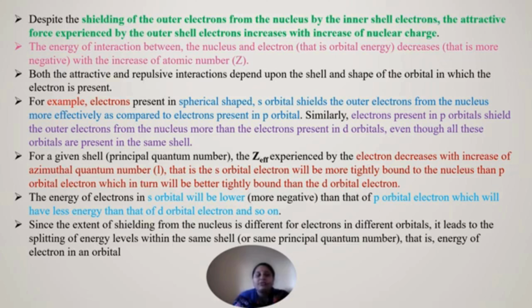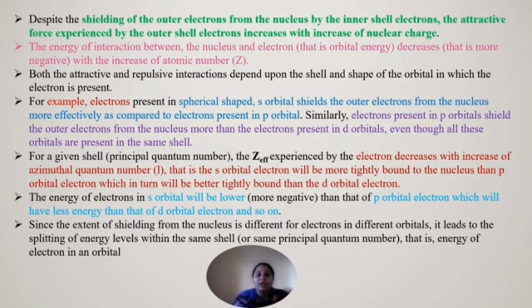The energy of the interaction between the nucleus and the electron decreases, and it increases with the increase of atomic number. Both the attractive and repulsive interactions depend upon the shell and the shape of the orbital in which the electron is present.